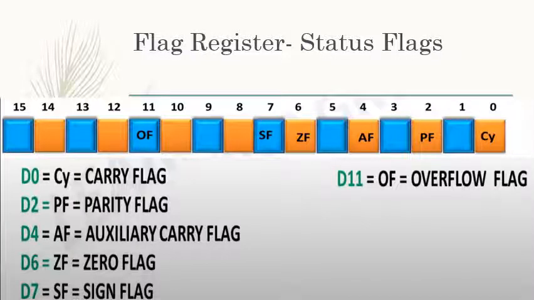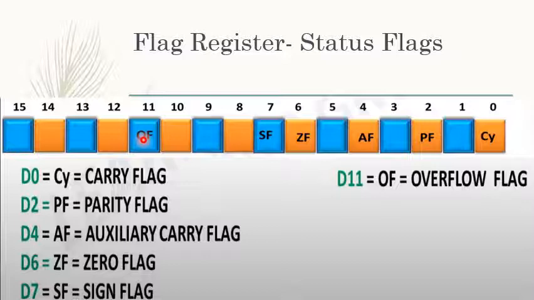Let us discuss the flag register or flag word description. The flag word register records the specific characteristics of the result of arithmetic and logical operations. The flag register bits D0, D2, D4, D6, D7 and D11 are modified as per the result of the execution of arithmetic and logical instructions.